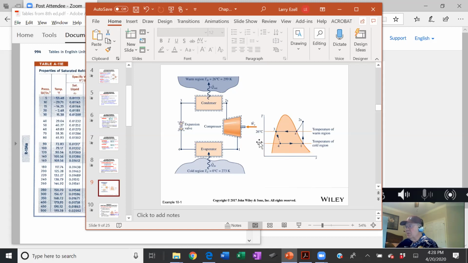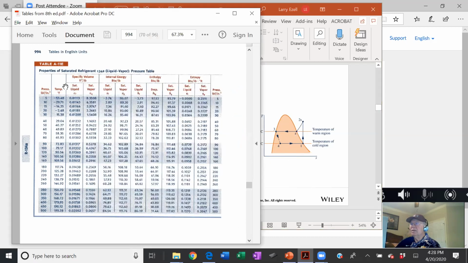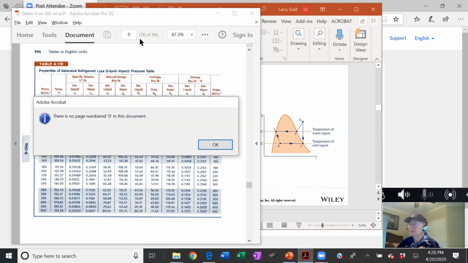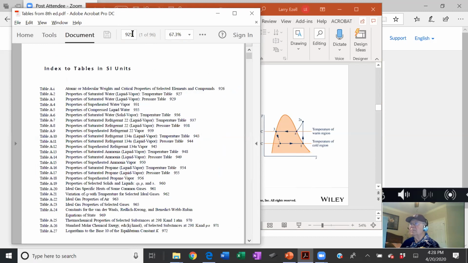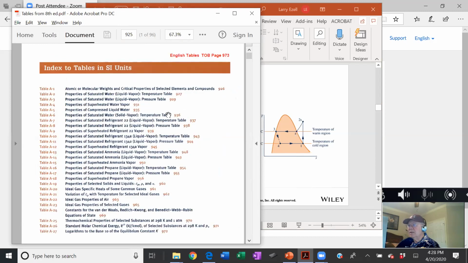Let's look up and see what the pressure is at 0 degrees C. We'll need to go back to our metric tables. Let's go to 925. All right, close enough. Let's look at R134a.